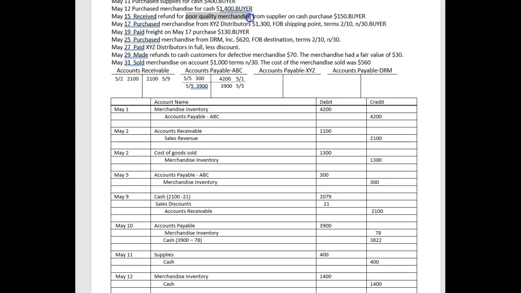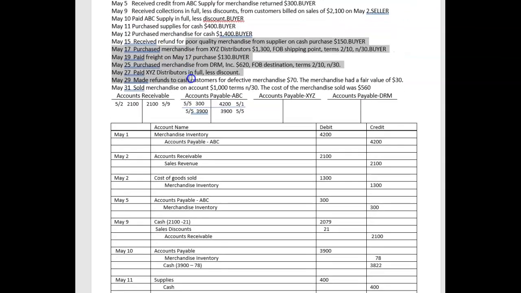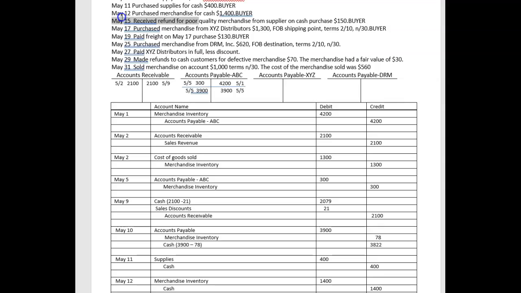If you buy something with your Visa, with your credit card, and you return it, usually you're going to get a credit on your Visa. So here the purchase was made for cash, and now they're returning some of it because it's poor quality, so they're going to get a refund. They're going to get cash back, for $150.